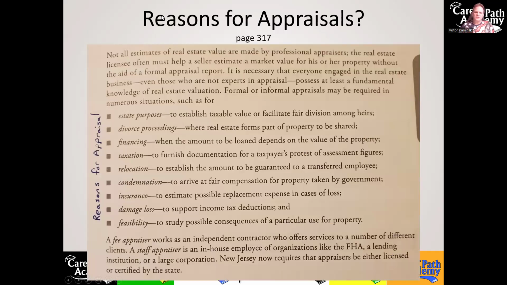So why do people get appraisals done? Well, for various reasons. For estate purposes, when someone dies, to figure out the taxable value of their property. Oh, you know what? I forgot to check Trump's big, beautiful bill. I believe he was trying to do away with estate taxes. I didn't check that. I wonder if he was able to get that in that bill.